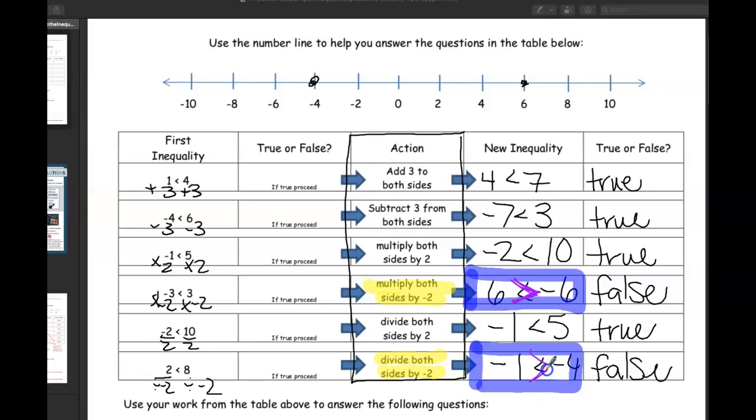Negative 1 is greater than negative 4. Does that make it true? Yes, you have to flip them. So number 2 is without changing the action, what could we do to the inequality? We would switch the inequality sign. Did I switch the signs on my numbers? No, it's just the inequality sign.